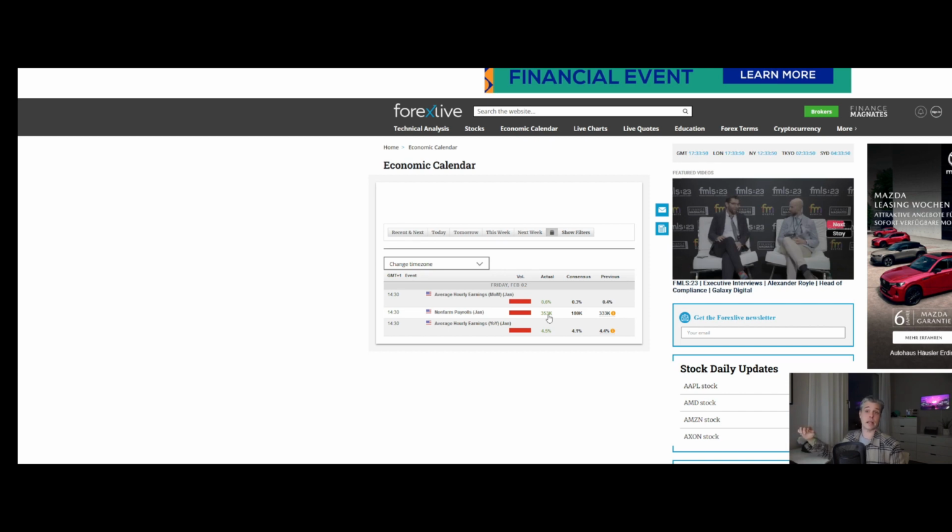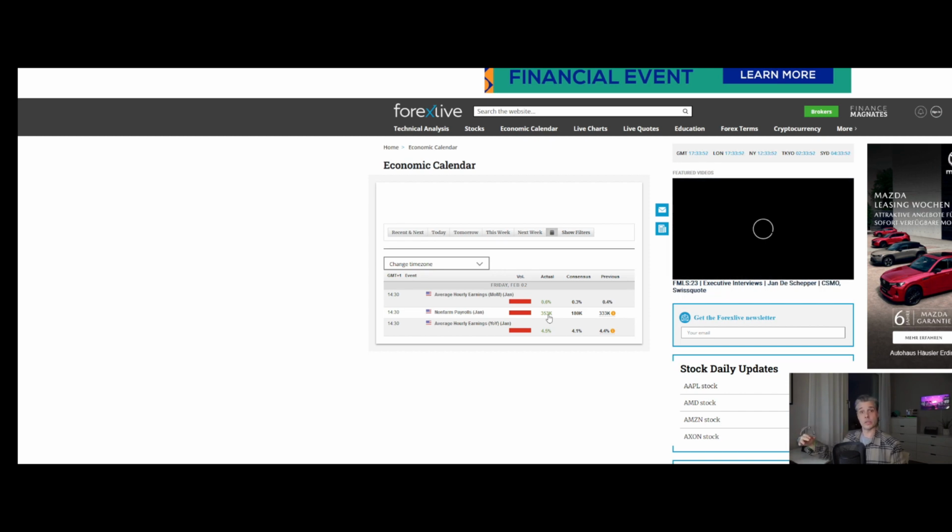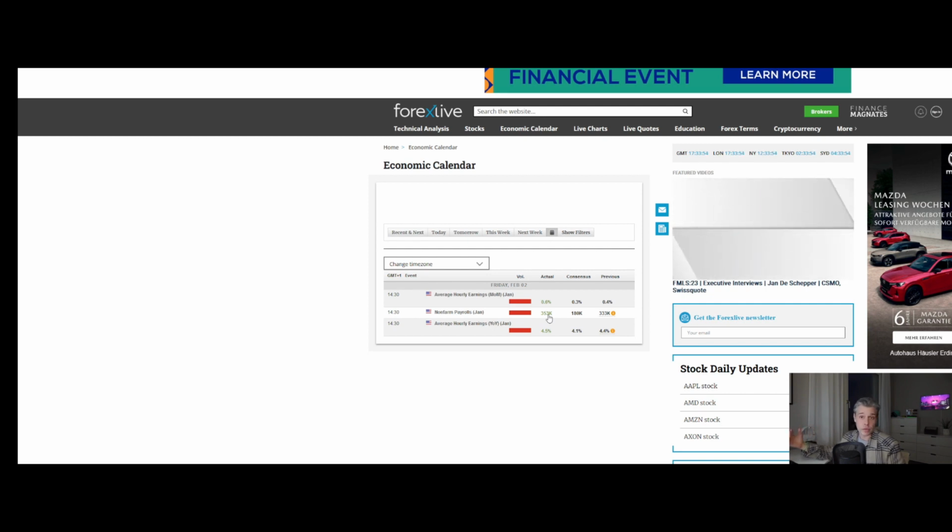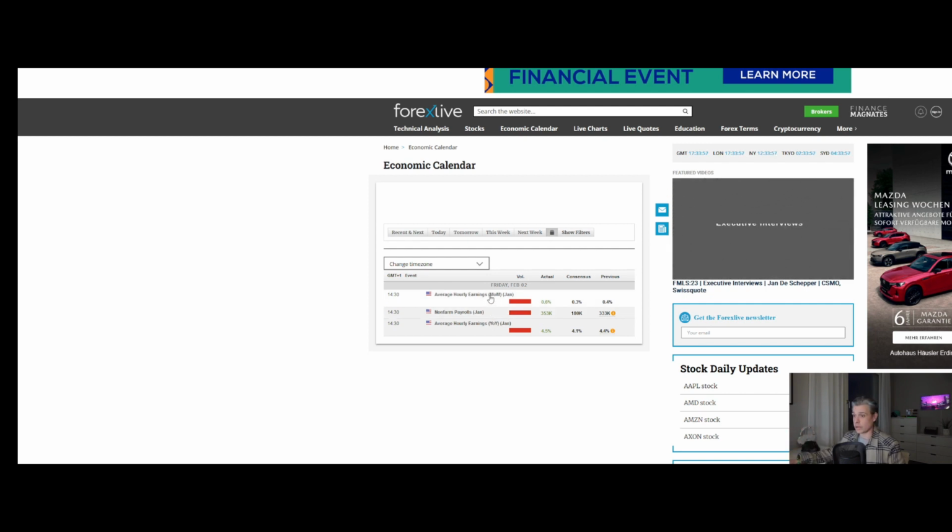And this is exactly what we are trying to make money out of. But not just in this case, not just the non-farm payrolls have been better. Also the average hourly earnings on the monthly and on a yearly basis have been better than predicted. So this is the perfect example for us.